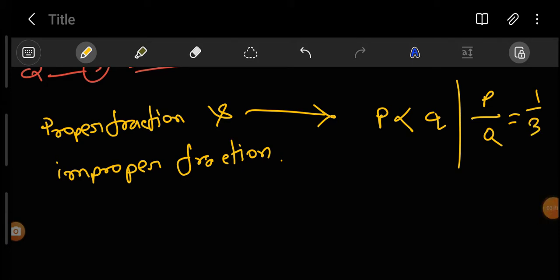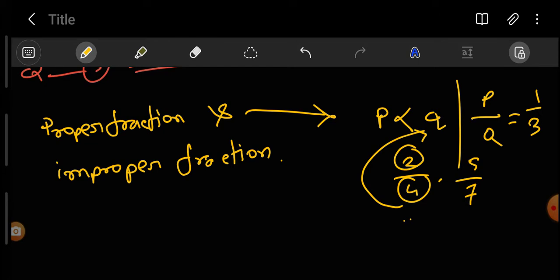So this is a proper fraction. Again 2 by 4 is also a proper fraction. 5 by 7 is also a proper fraction. Why are these proper fractions? Because the value of P here is less than the value of Q. The value of Q is greater here.